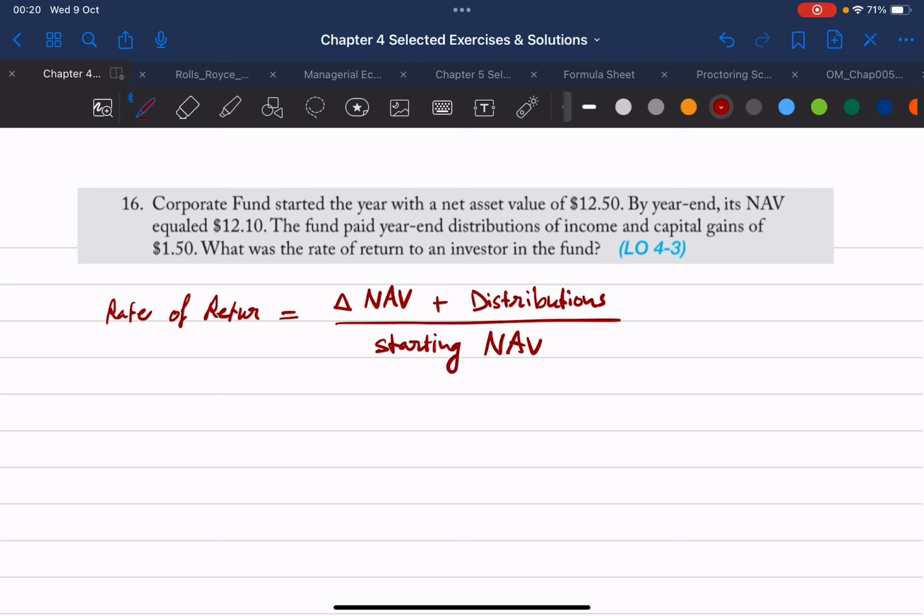And then of course we're going to multiply by 100 because we want to present our rate of return in a percentage format. Okay, so let's substitute our figures here.